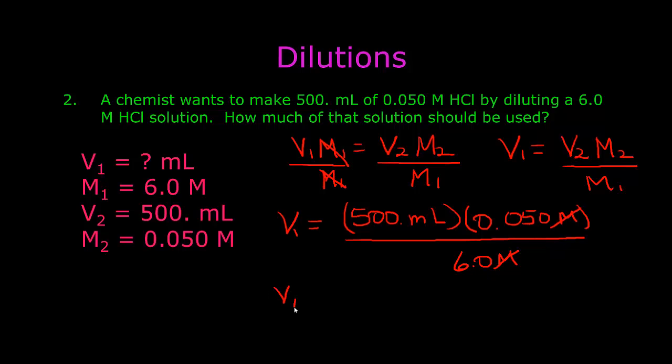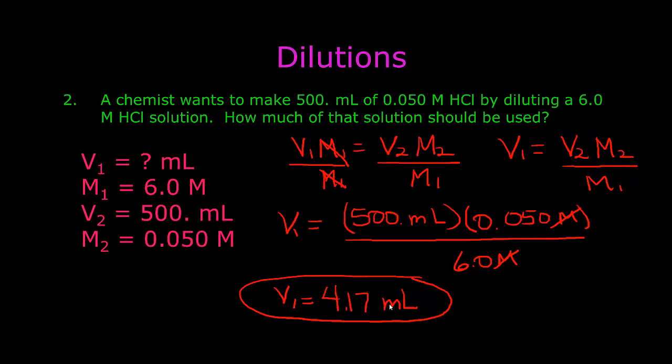And my new volume is 500 times 0.05 divided by 6, which is 4.17, and my units, or what I have left over, is milliliters. So I need 4.17 milliliters of a 6 molar solution, and then add enough water to make a total volume of 500 milliliters to get a 0.05 molar solution.